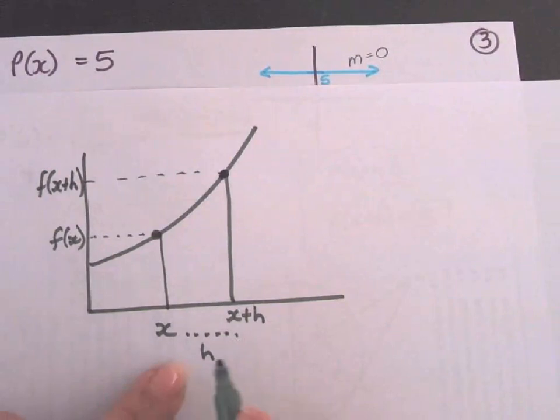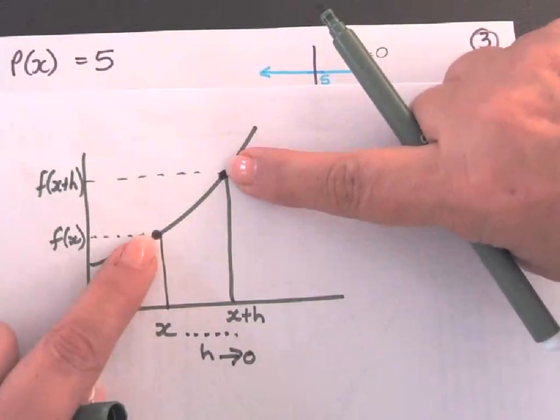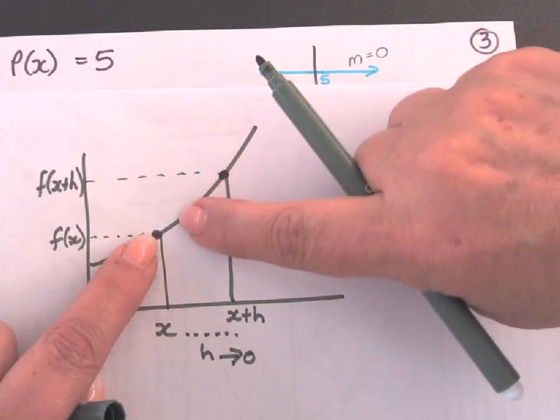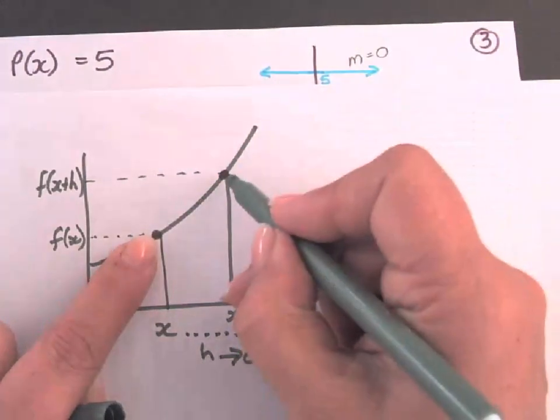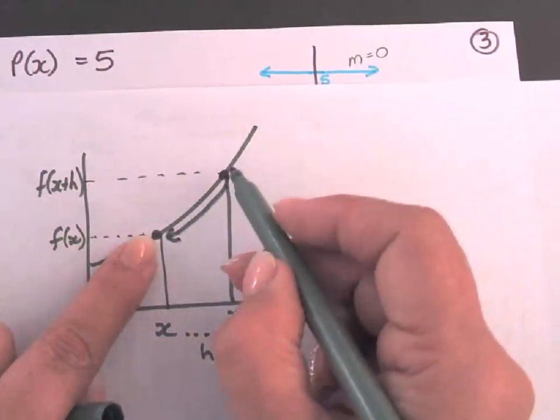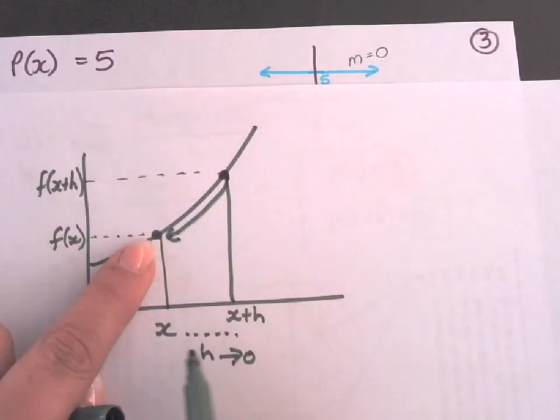So, if h tends to 0, that means if I make this distance 0, I go nearer and nearer to 0. So I actually bring that point as near as I can to this point, then h tends to 0. So that's what this is.